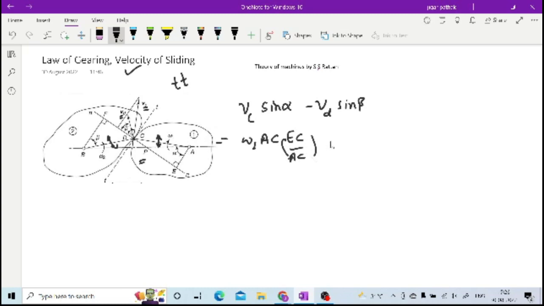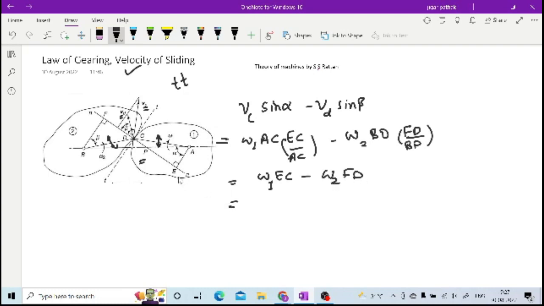Now Vd sine beta, where Vd can be written as omega 2 BD, as mentioned earlier, and sine beta is given by FD upon PD. So if you further simplify, you will get omega 1 EC minus omega 2 FD.